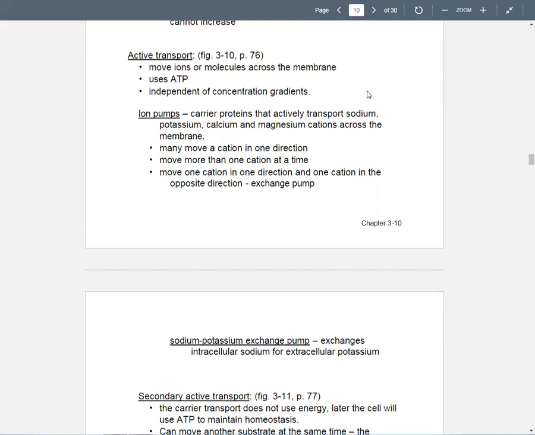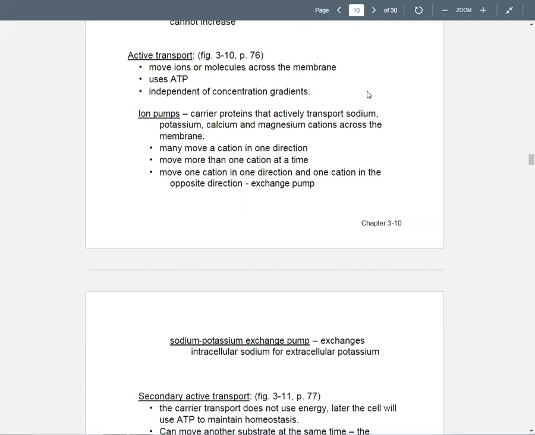Many of these ion pumps will move a cation in one direction. They only move one direction. And many of them actually move more than one cation at a time, so there's either co-transport or anti-transport. Oftentimes it is antiport.